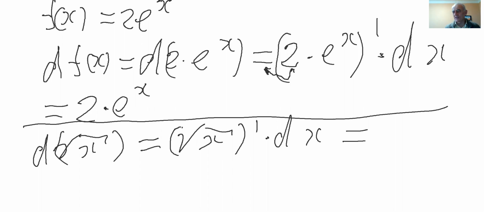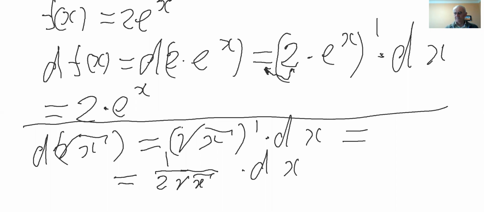It was my recommendation to remember this derivative. But if you don't remember it in your mind, you can use the power rule: square root x is x to power 1 over 2. But if you remember the derivative, it's better. It's 1 over 2 times square root x, dx. Any questions?